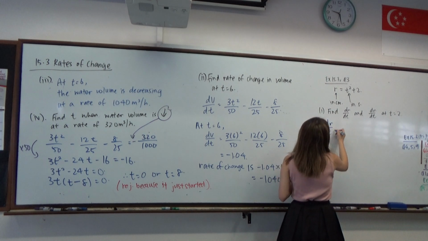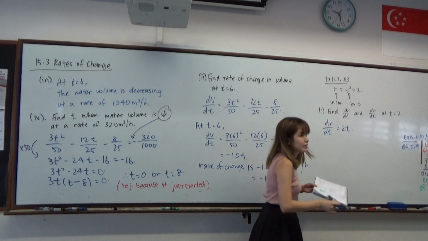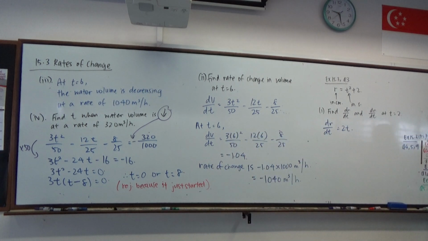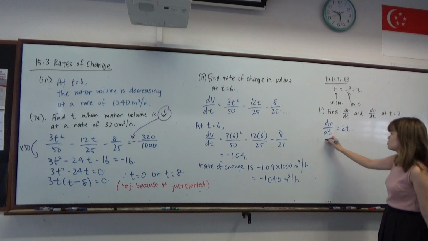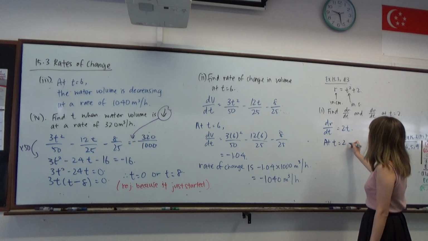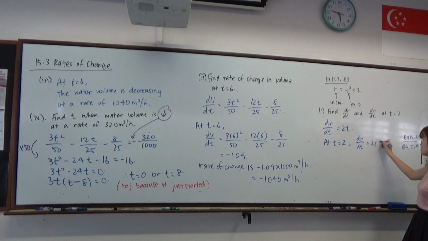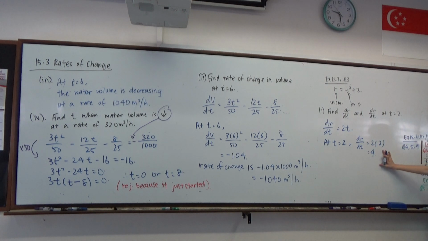Okay, so differentiating this should be simple by now, hopefully. dr over dt is equal to 2t, and then at t equals to 2, dr over dt is equals to 4. I do not recommend you to actually leave your answer like that.